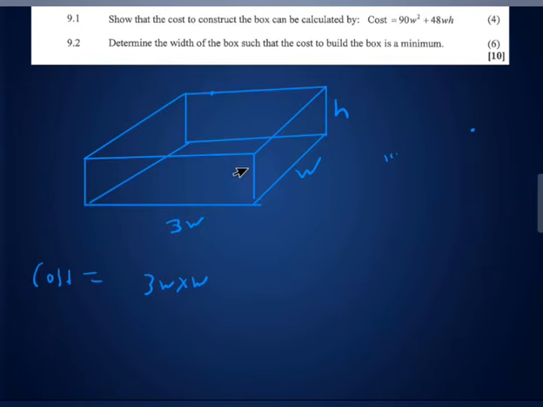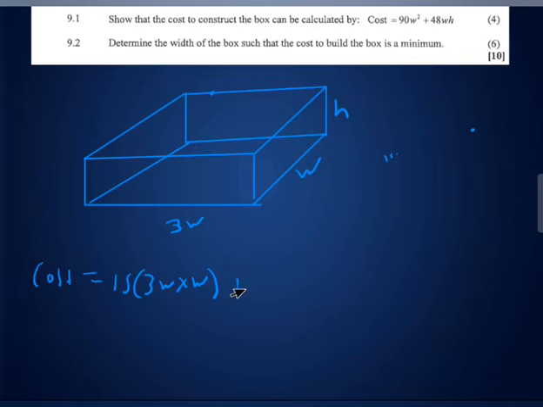If it was the length, we would have to multiply the length by that cost. If, for instance, the cost was 15 rand per meter, we would have multiplied the length by 15, but the cost is 15 rand per square meter. So because they say per square meter, whatever area we have, we multiply it by that. So it's 15 rand per square meter.